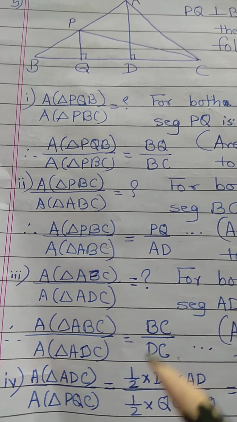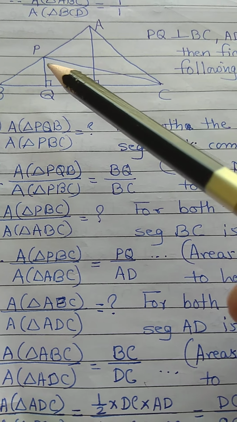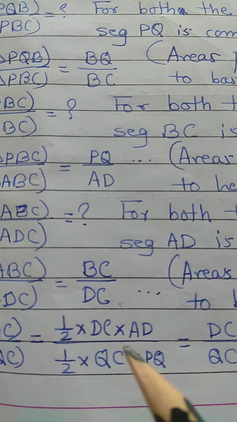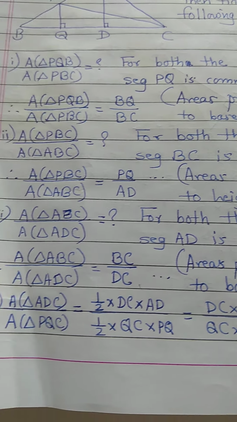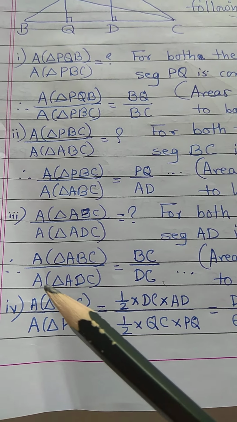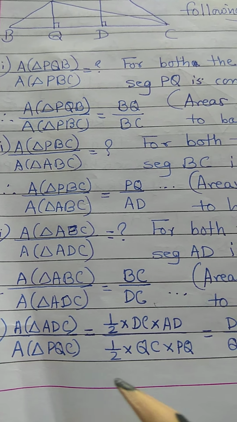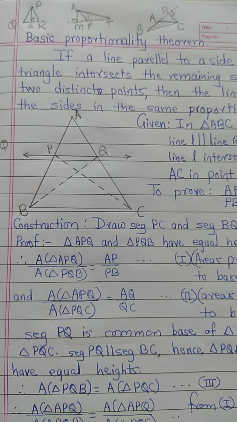And for PQC, QC is the base and PQ is the height. 1/2 can get cancelled. So DC into AD upon QC into PQ is the ratio of area of triangle ADC and area of triangle PQC. Next is the basic proportionality theorem.